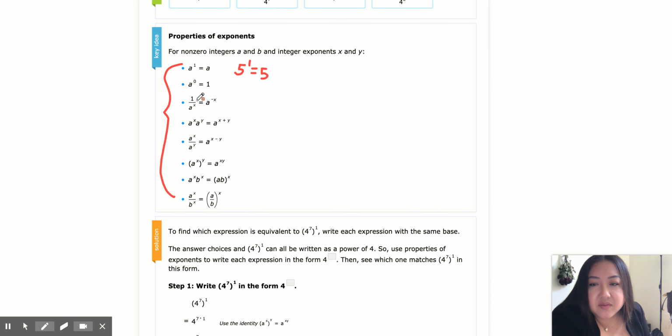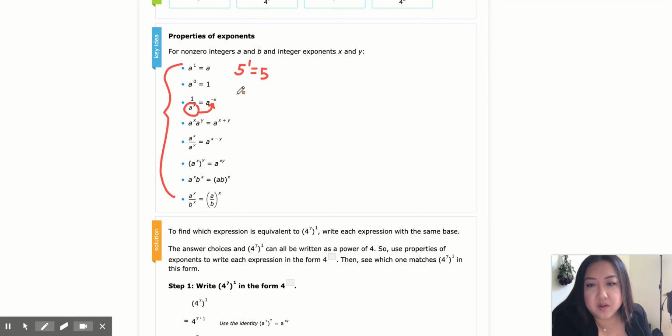Next, we have a fraction using exponents. When we do this, if the number with the exponent is in the denominator, then we can write it not as a fraction, but the power has to be negative.